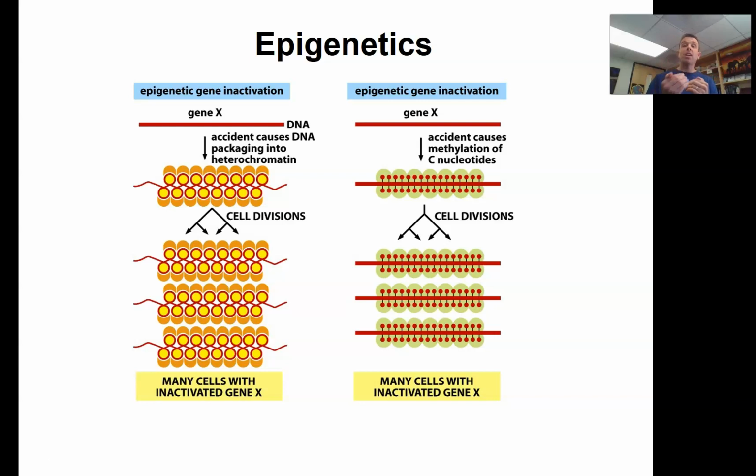If it's not there, it can't function, it can't work. So even though you haven't changed the sequence of the tumor suppressor gene, if you've wrapped it up tightly by epigenetics and it's not being expressed in a cell where it should be, then that tumor suppressor gene is effectively off, right?